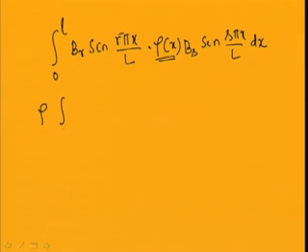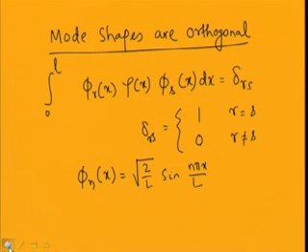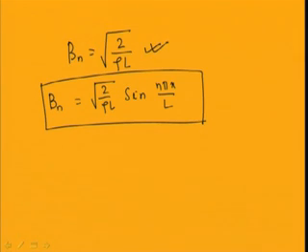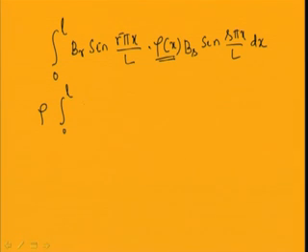So this becomes integral 0 to L, and for this b r, you have already found b n, which is equal to root over 2 by rho L. So you can substitute that root over 2 by rho L, and another root over 2 by rho L for this b s.